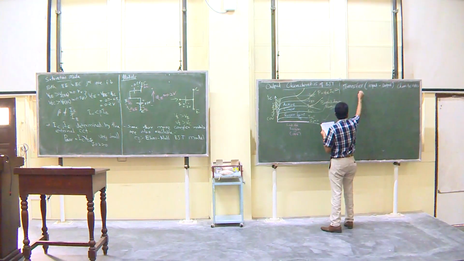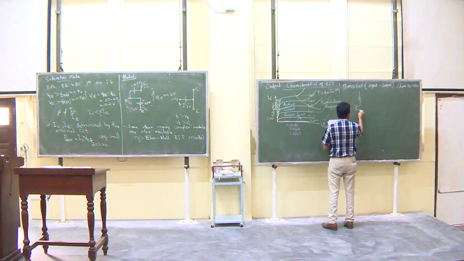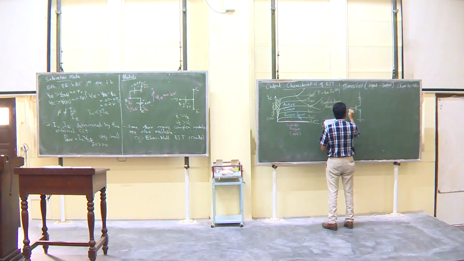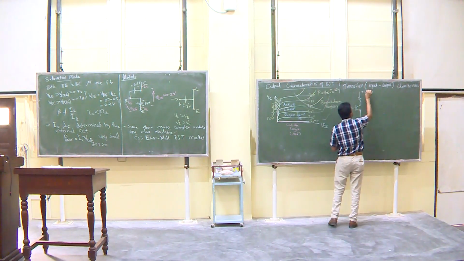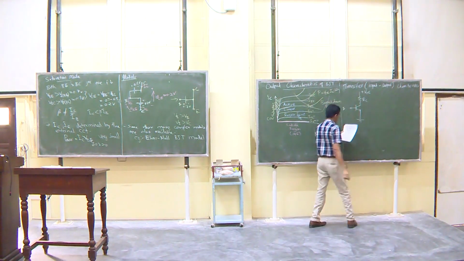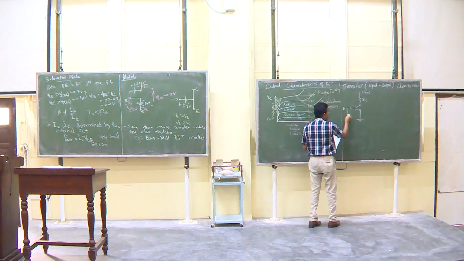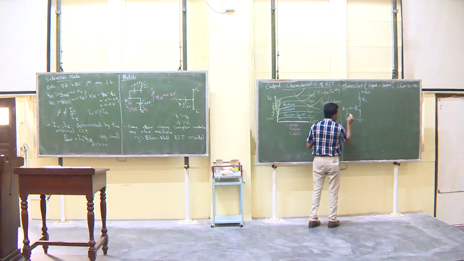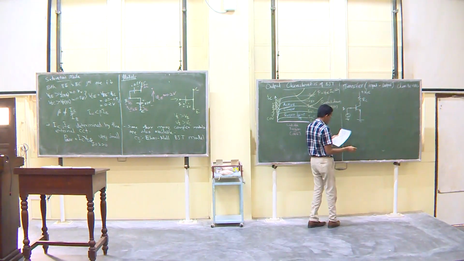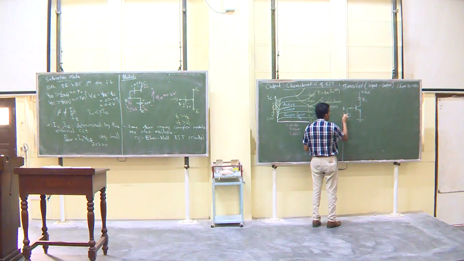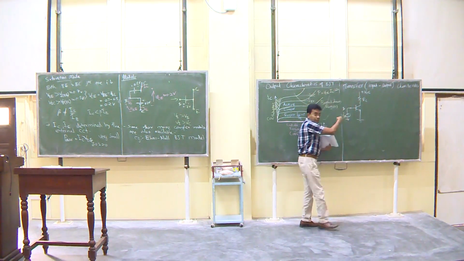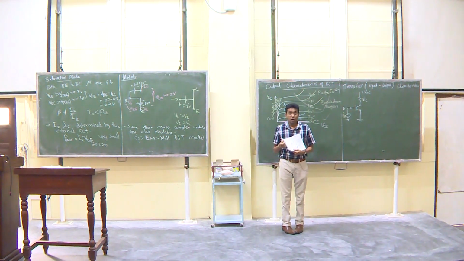So, if you have a transistor circuit like this, and if I connect this to some voltage source, this voltage VBE, that is the voltage that I directly connect across the base emitter junction, right.